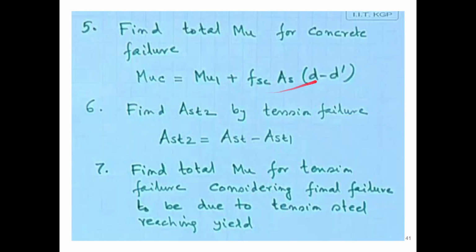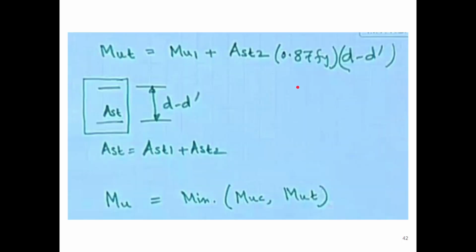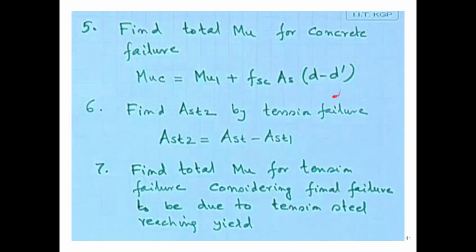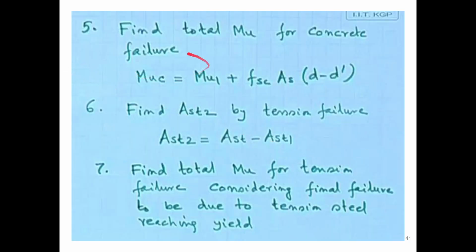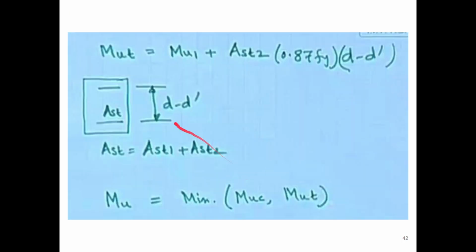So here it is FSC ASC into d minus d prime, and here it is Ast2 into 0.87 fy into d minus d prime. The only problem is we have to find out the FSC value, which is found from epsilon SC. We will find out how it is done. Finally we get the total Mu for concrete failure and the total moment due to tension steel failure.